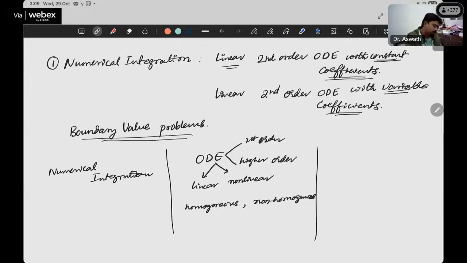There may be homogeneous linear differential equations, and homogeneous non-linear differential equations. That is also possible. We will come to what those are, and then applications. And then boundary value problems. This is how I divided today's session.